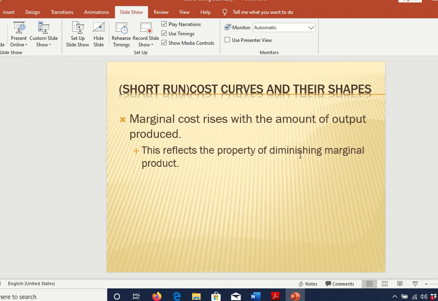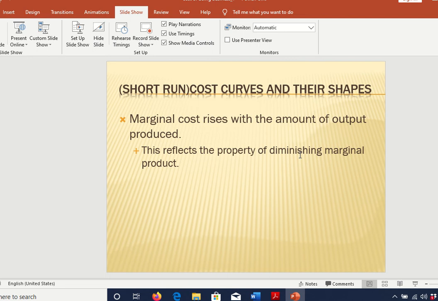So what happens here is as the stand keeps increasing the amount of output in an hour, it is bound to increase the number of workers, for example. Initially we have a fixed input, let's say the machine, the laminate, the juicer.